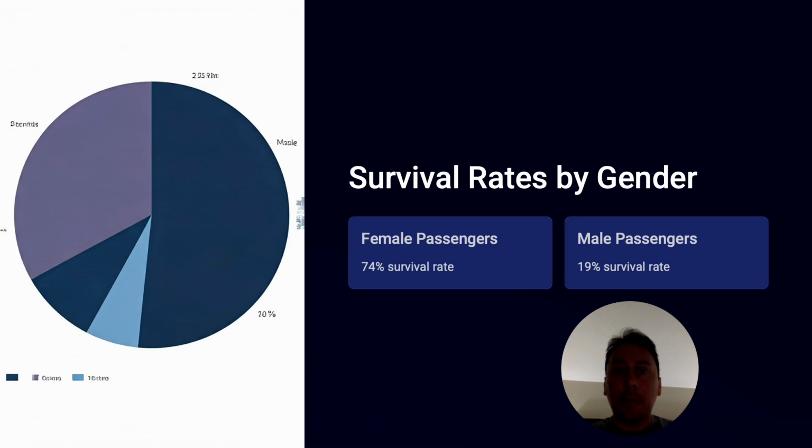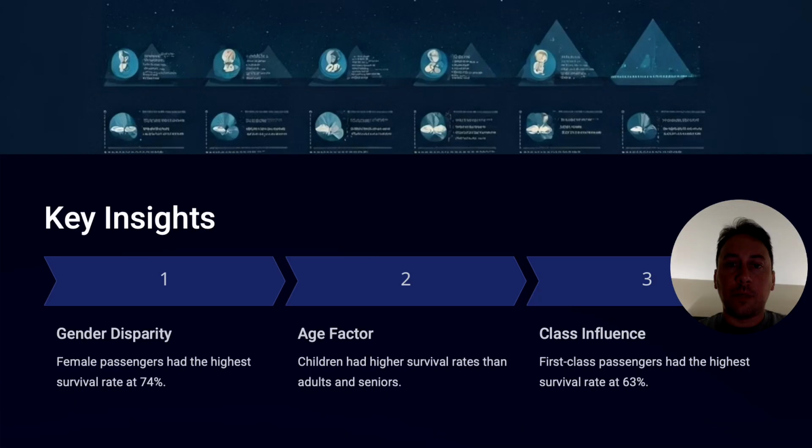Still, many men might have voluntarily stayed behind either to help or through the expectation placed by society of their bravery and sacrifice. All these factors combined to ensure that only 19% of the male passengers survived the disaster. Let's check the key insights.